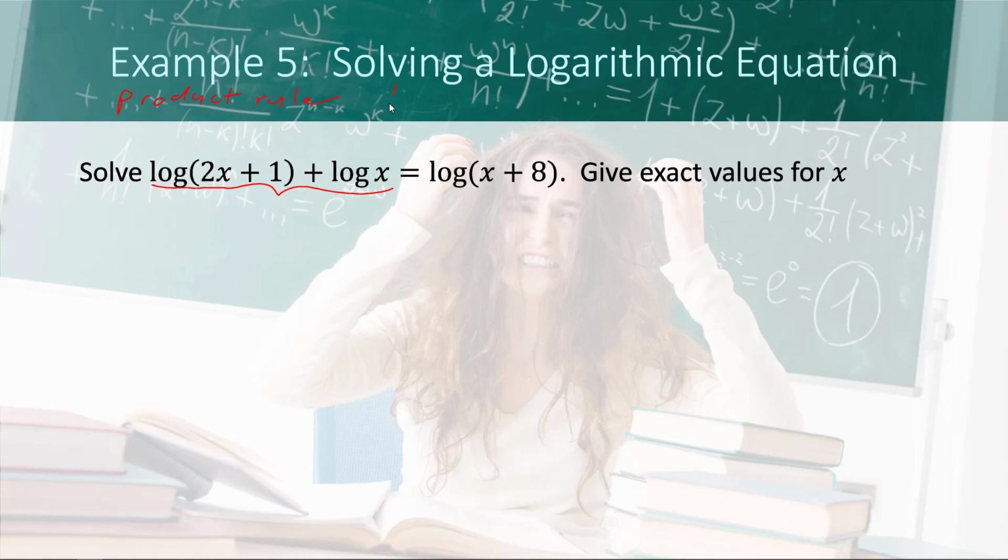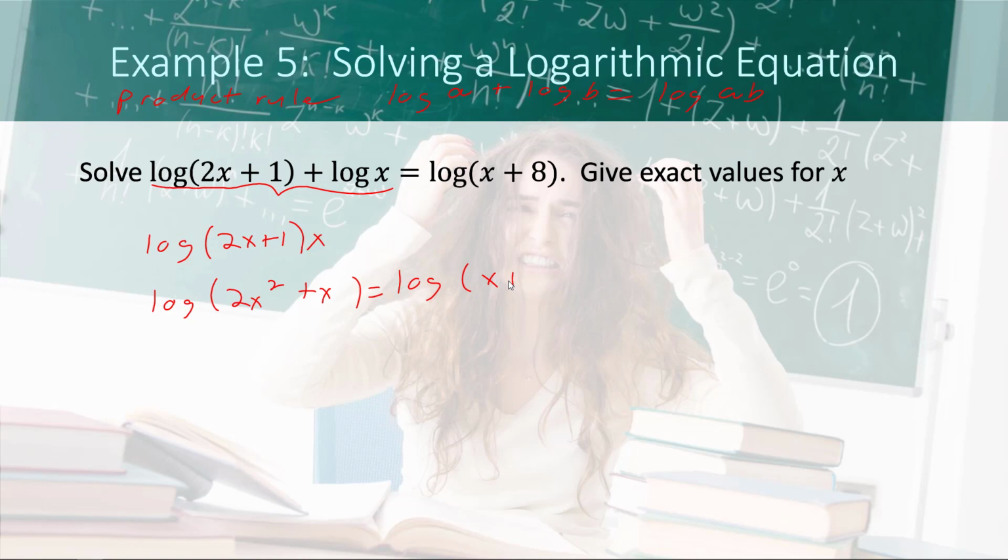The product rule says that the log of A plus the log of B is equal to the log of A times B. So with that in mind, we can write this as the log of 2x plus 1 times x, or the log of 2x squared plus x, and that will be equal to the log of x plus 8.